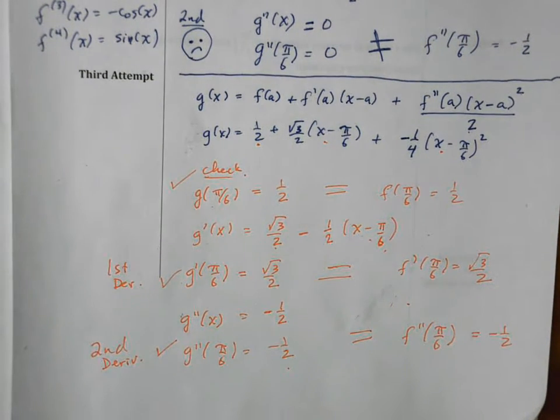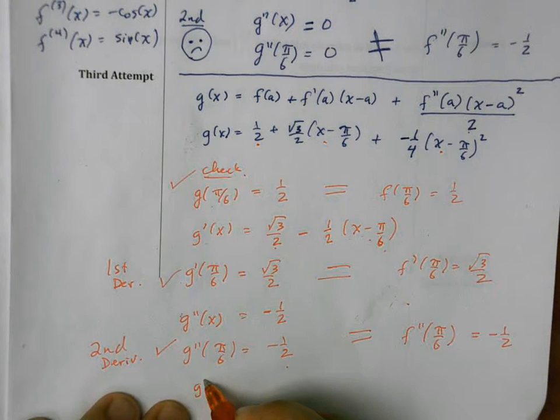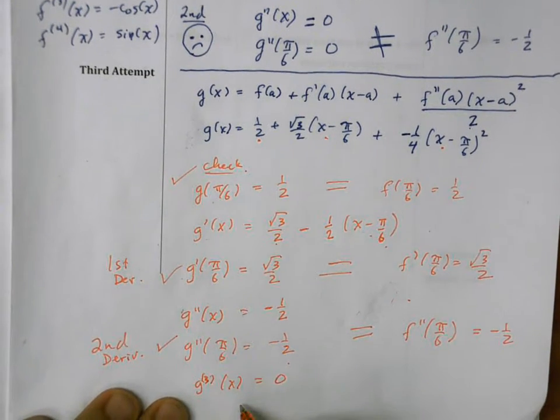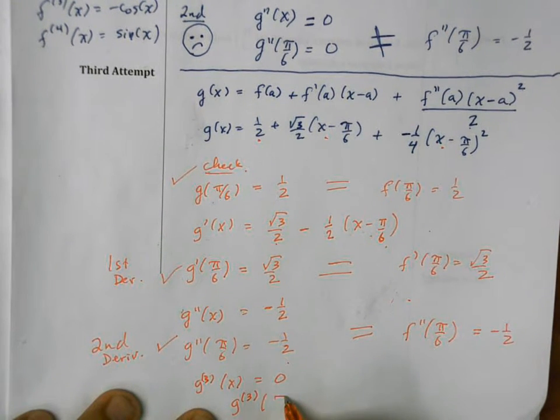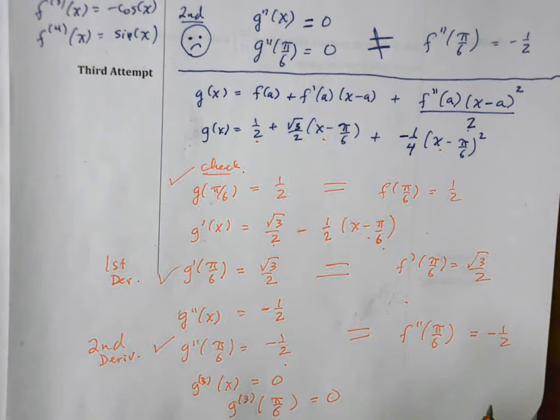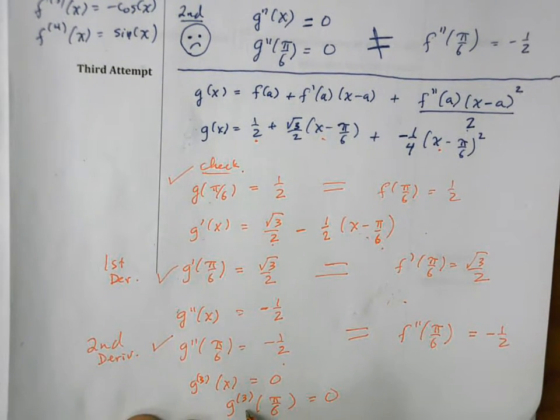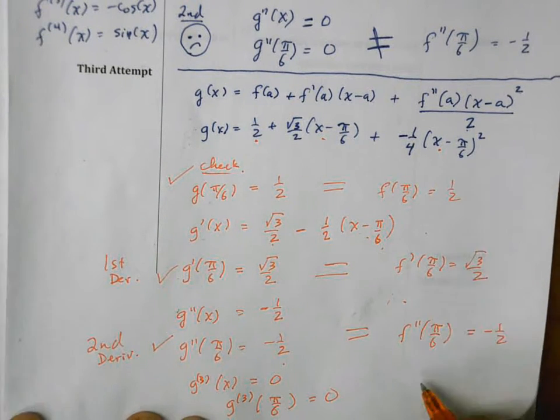And I think we can continue here, and it would be no surprise to you that the third derivative is going to fail. So g triple prime of x is going to equal 0, and the third derivative of g at pi over 6 is also going to equal 0.